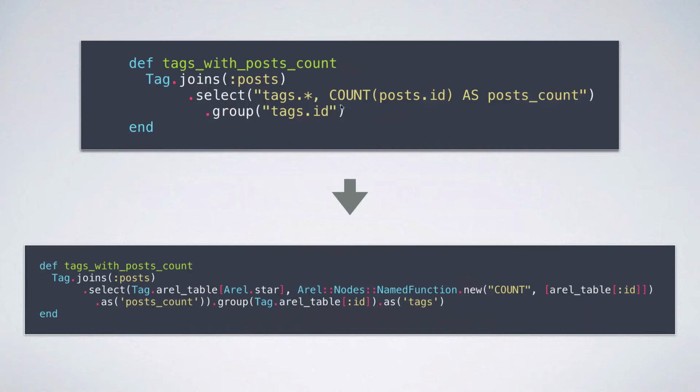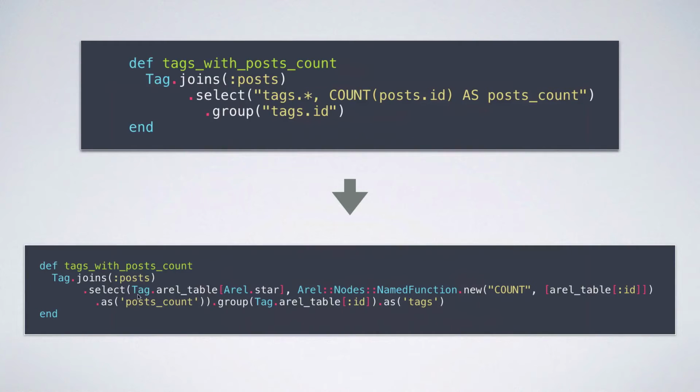Now I'm going to explain to you basically all the syntax and the converted version here. So this is the AREL safe version, so we can mix this query with another query and it'll work just fine. See, this part here is this tags, and it figures out the name based on the class.